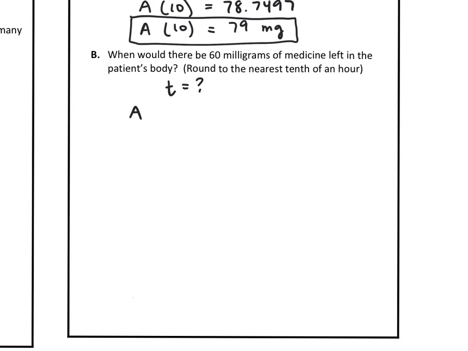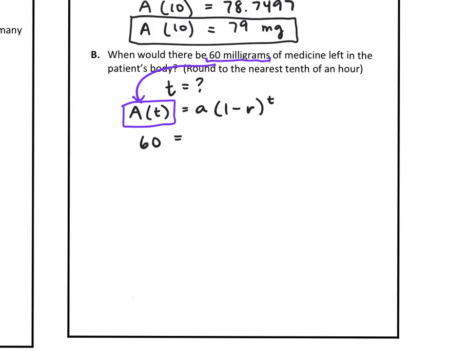So if I'm using this equation again, I'm just going to copy it. I'm interested in time. So this 60 milligrams is this value here. Okay. So plugging it in, I have 60.